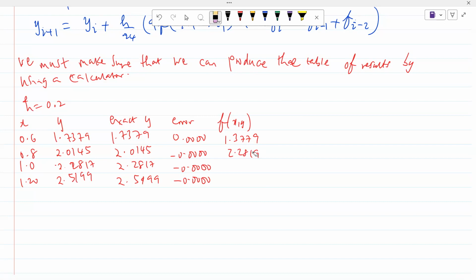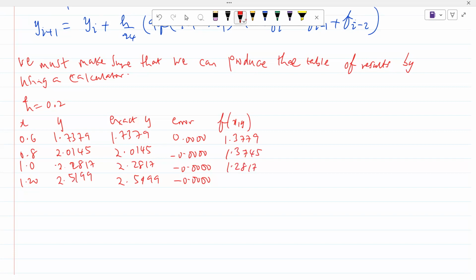Right, so now you can clean this up, and clean this up here. Now this one is 1.3745, and this one is 1.2817. I want to discuss this briefly.